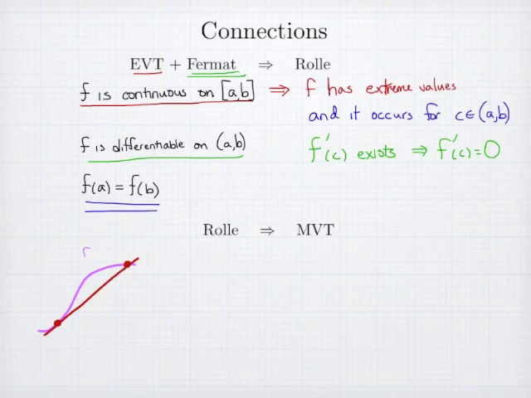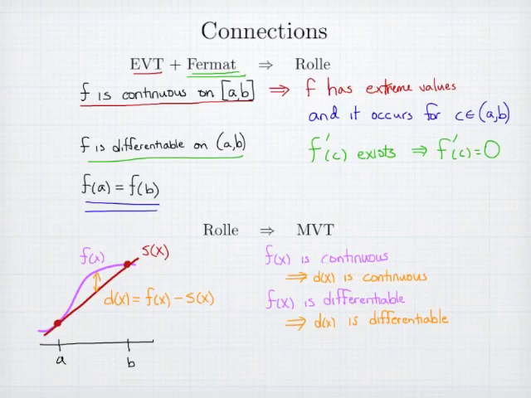If I think about my original function, f of x, and I define a new function for my secant line, then I can make a new function that measures the difference. This new function, d of x, satisfies the conditions for Rolle's theorem.